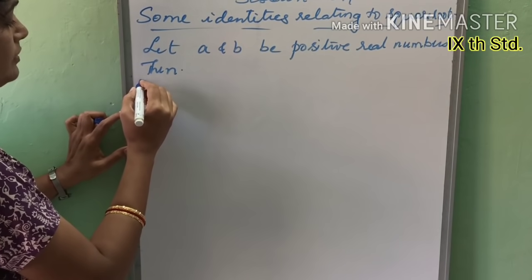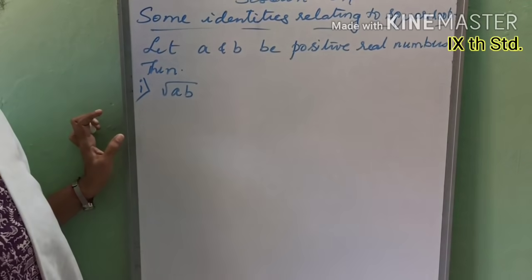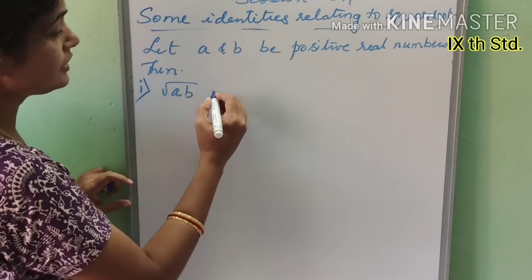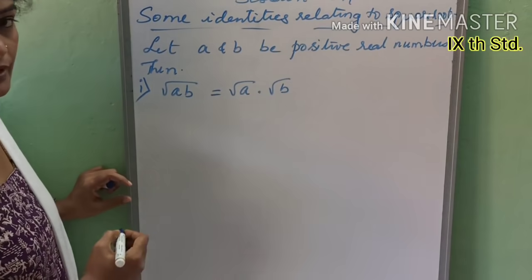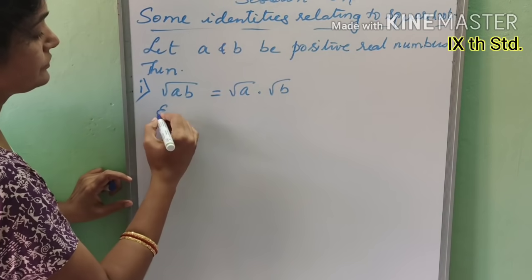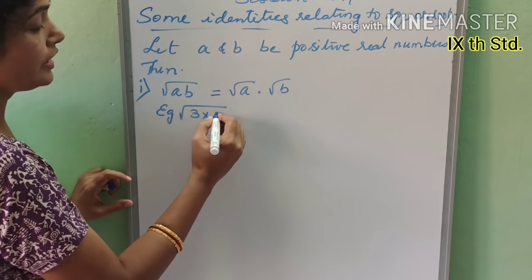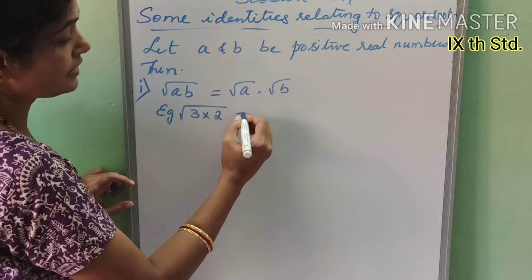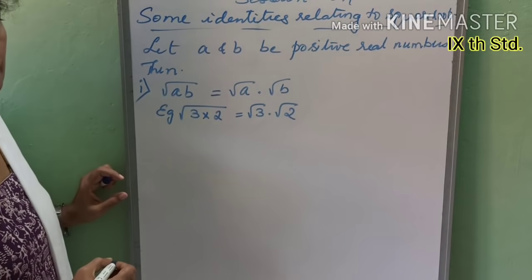First one: root of A into B is equal to root A into root B. Example, if I am taking square root of 3 into 2, this is equal to square root of 3 into square root of 2.